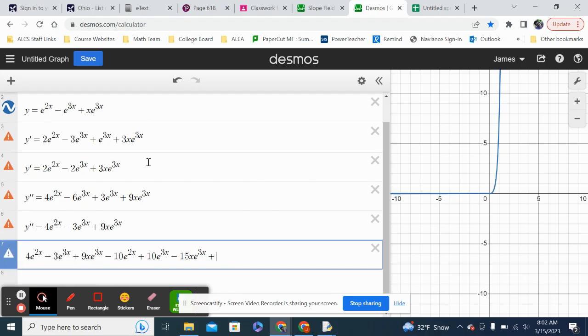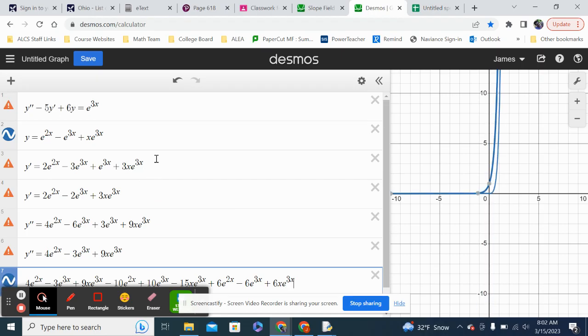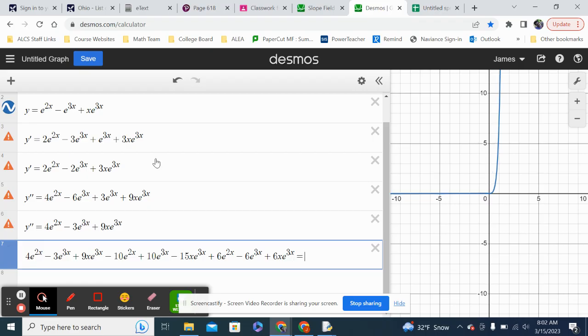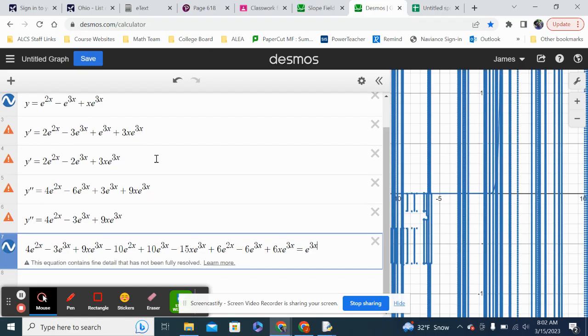So that's plus 6e to the 2x minus 6e to the 3x, 6xe to the 3x. Finally, that equals e to the 3x. The rest of the equation. It's a big, long, ugly differential equation.